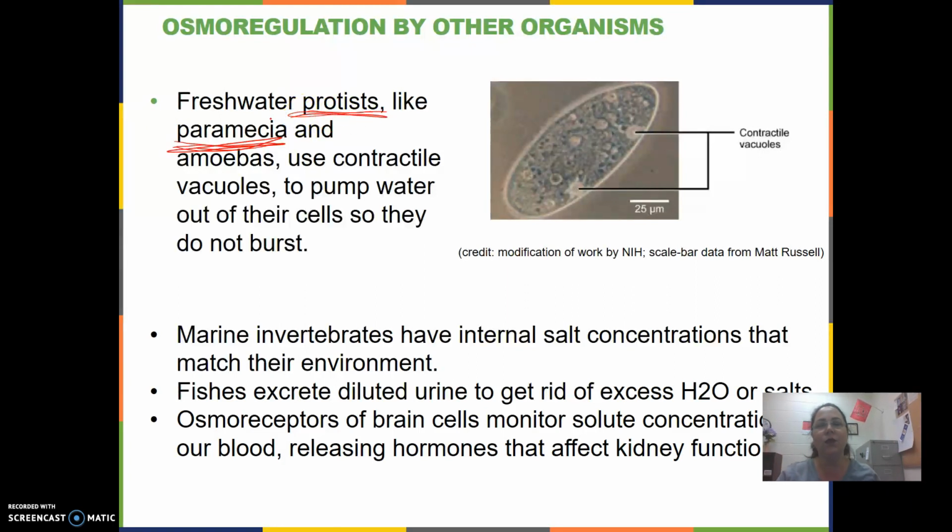It lives in fresh water normally, and so what happens is inside of the cell has a higher solute concentration, and the fresh water that it lives in has a lower solute concentration. So the fresh water is hypotonic to the inside of the paramecium.